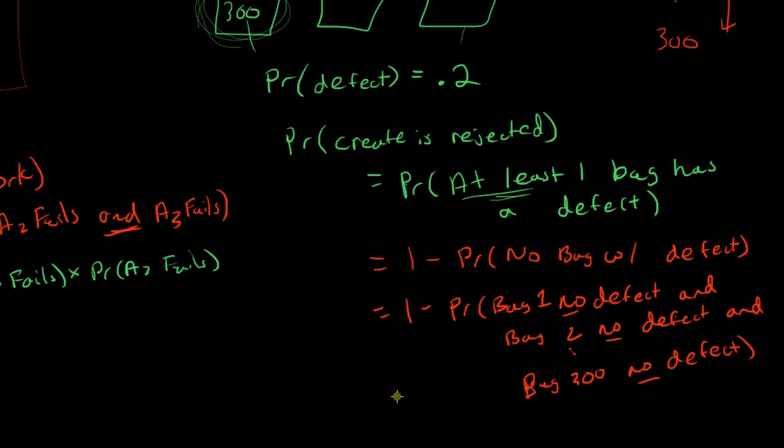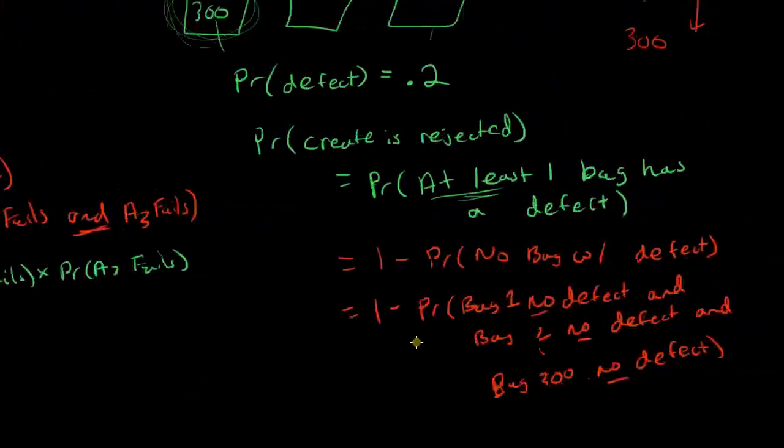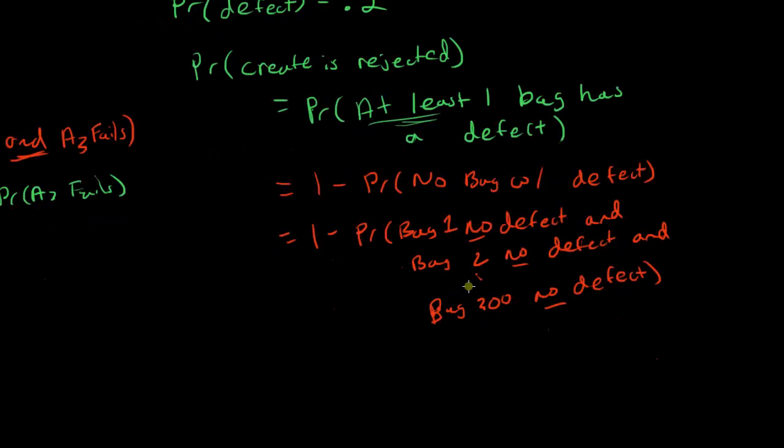So, kind of like how over here we had all of these failures, the alarm failing, and then we could just raise it to the third power because I had 3 alarms. So same thing over here. I'm using the multiplication rule, and I can just raise it to the 300th power. So the probability of a bag, doesn't matter which, all of them should have the same probability of not having a defect.